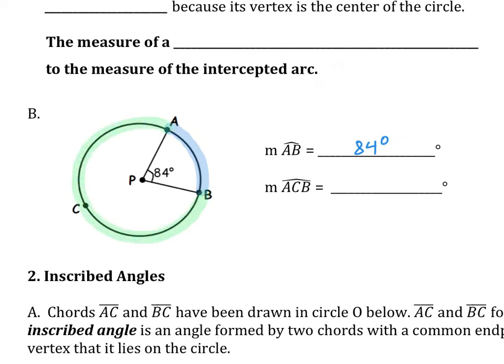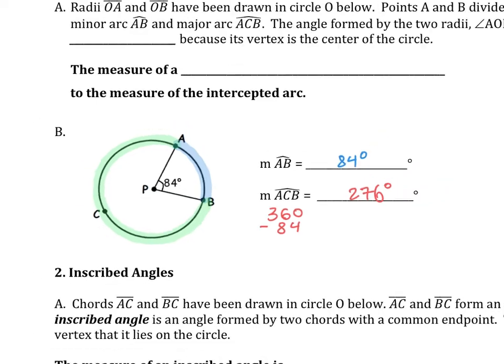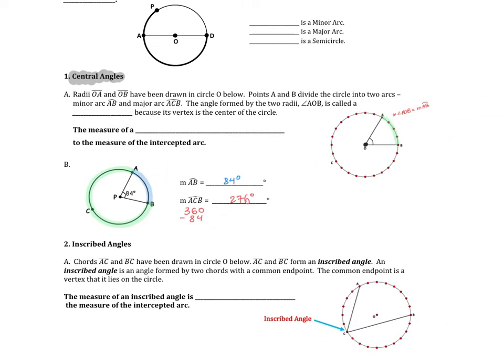To find the measure of this arc, I simply do 360 minus 84 because the whole circle is 360 degrees. Since I know that the measure of arc AB is 84, to find the measure of the major arc ACB, I do 360 minus 84, and that will give me 276 degrees. So that's how you use the central angle to find the measure of different arcs.